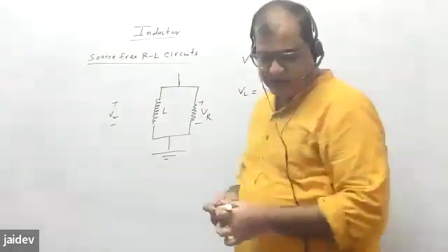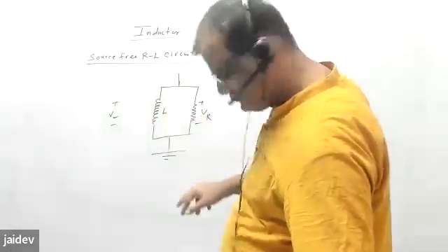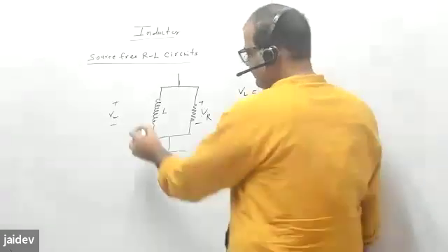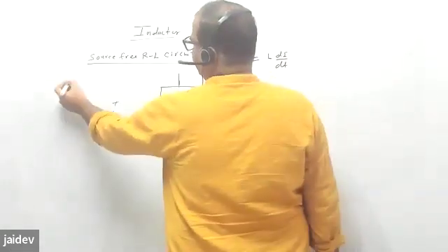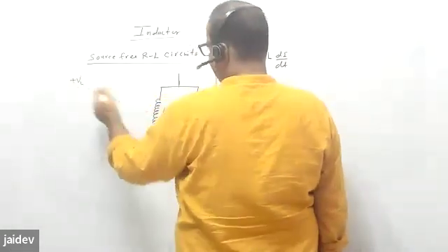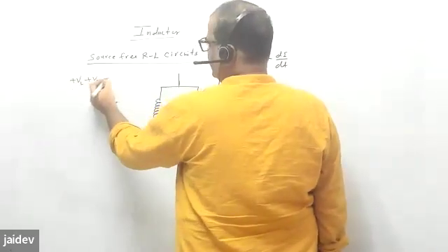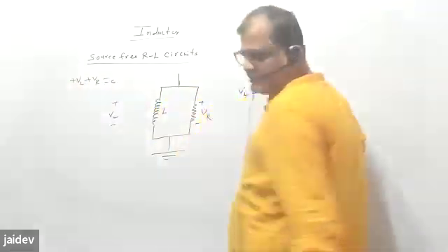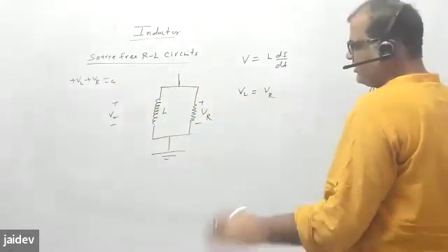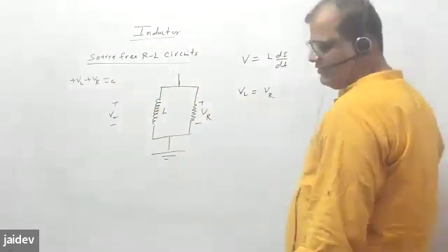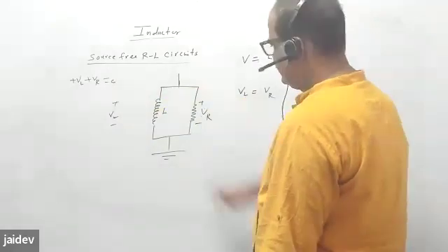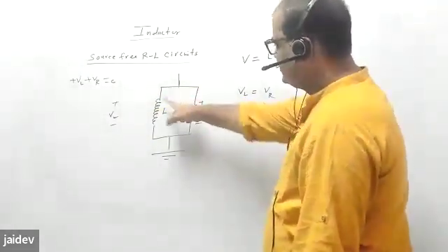And if you write oppositely, with plus minus here, then you will write plus VL plus VR equals 0. Here di by dt will be positive. Whichever way you write, you have to understand that the sign will always be opposite to this one.